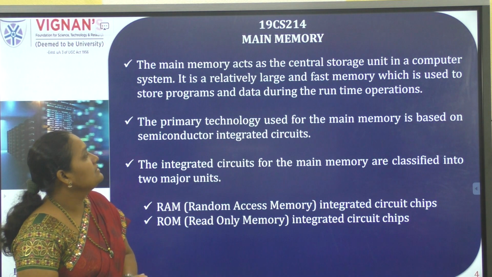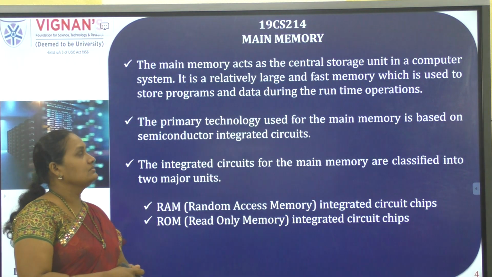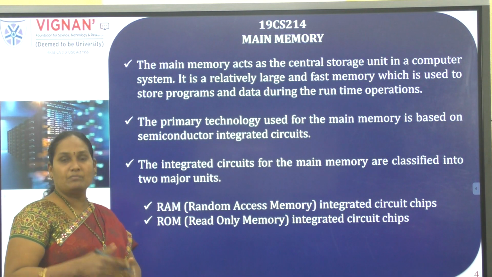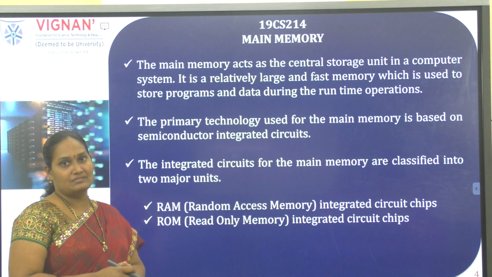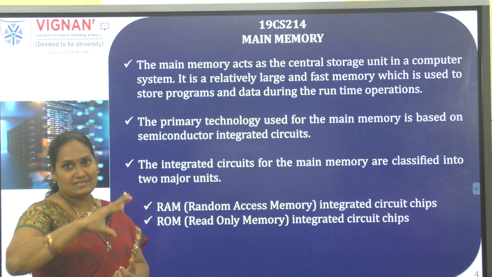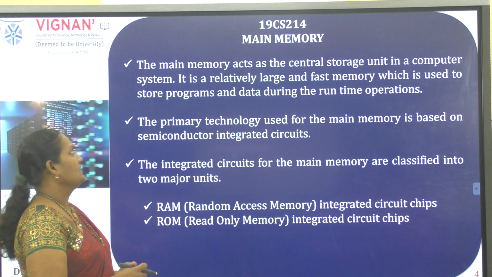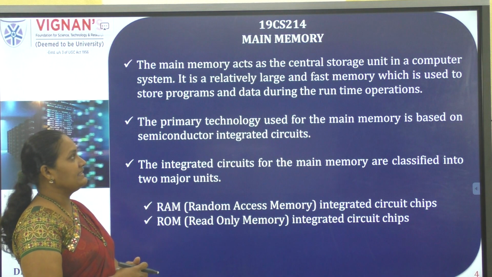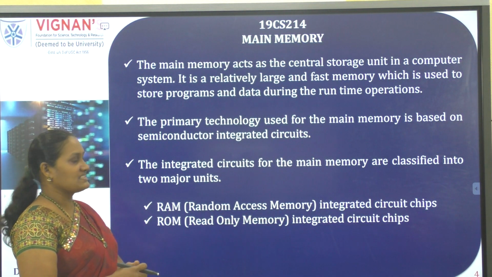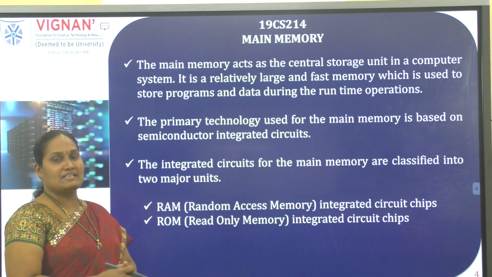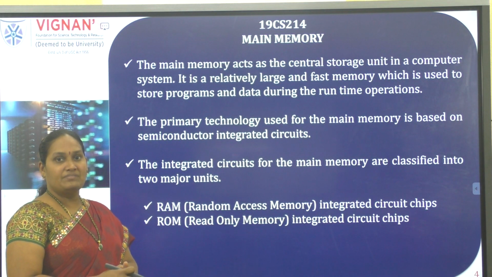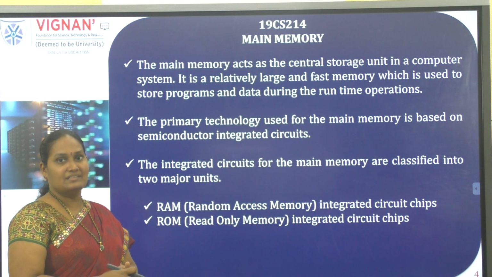So first of all, before going to know how main memory address mapping is done, and how main memory is constituted, we need to know what main memory is. The main memory acts as the central storage unit in a computer system. It stores programs and data.